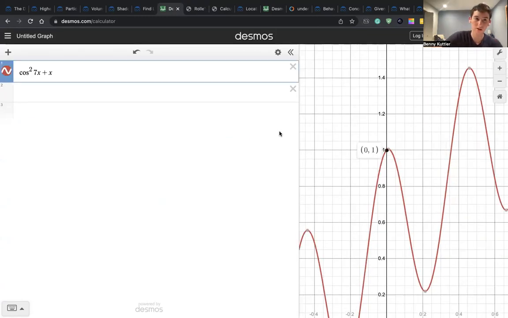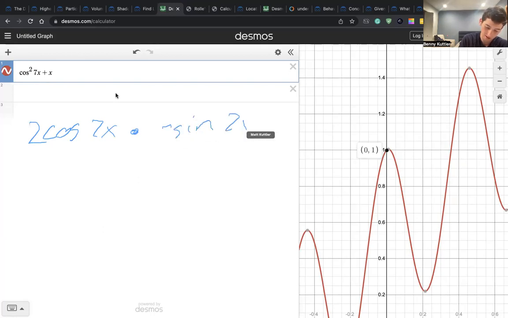So what we can do, we can take the derivative of this function. So we have to use the chain rule a few times here. We have 2 cosine 7x, because the exponent comes down, times the derivative of cosine 7x. So then we have times negative sine 7x times derivative of 7x, which is 7.